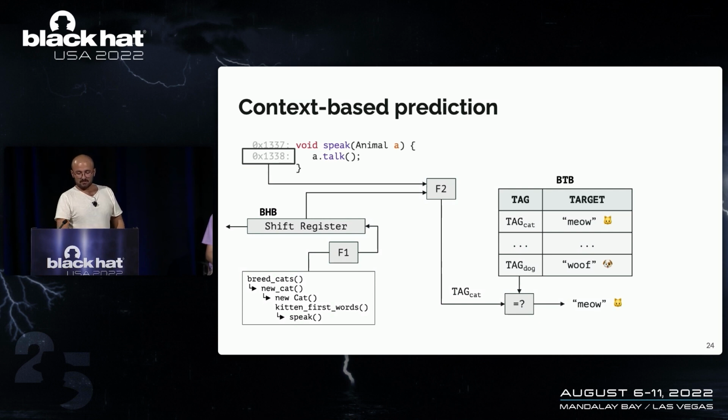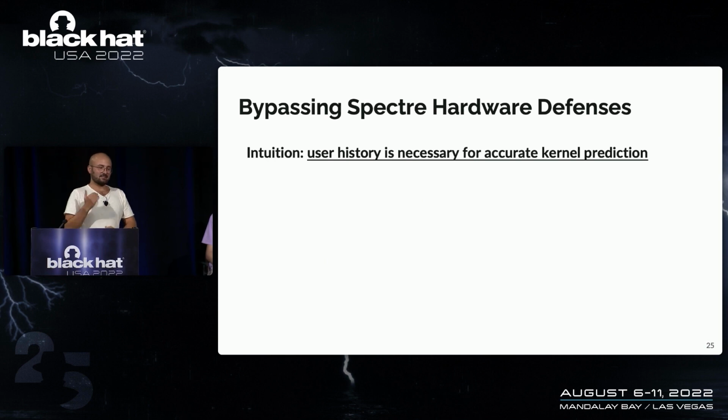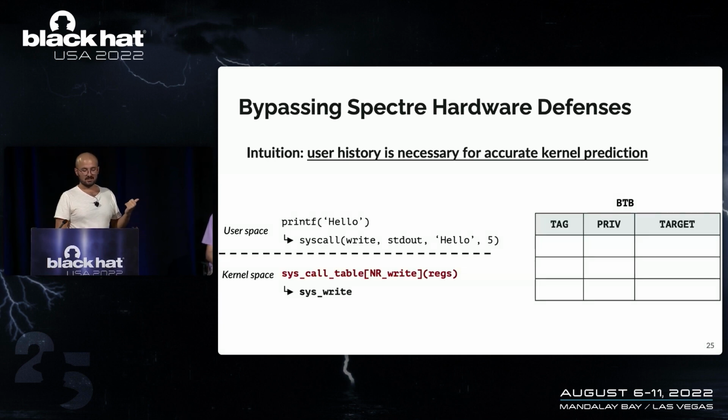So you can see that the history heavily depends on the context. But how does it work when you perform a mode switch, a mode switch between user and kernel space? Our intuition is that the user history is necessary for accurate kernel prediction, right? And I'm going to use this example of a syscall to explain why this is the case.